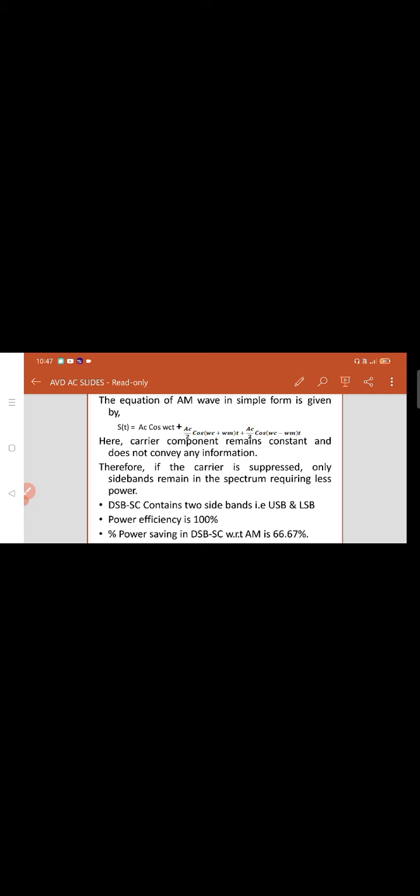This is the conclusion of the DSBSC technique. The equation of the AM wave is Ac cos omega ct plus Ac cos of omega c plus omega m t plus Ac by 2 cos of omega c minus omega m t. This is the frequency domain representation of the amplitude modulated wave. Among the three terms we want only two terms, the LSB and USB. That's why in this technique we suppress the first term, Ac cos omega ct.